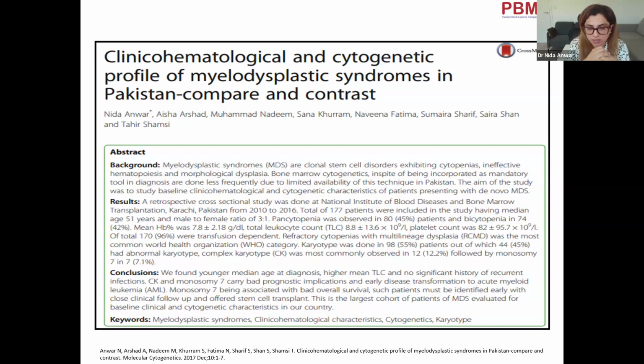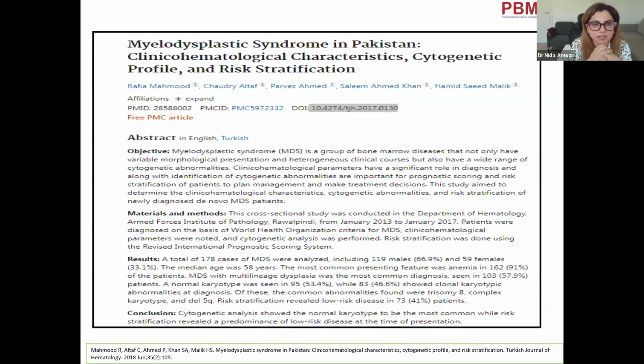Coming to the cytogenetics, complex karyotype and monosomy 7 are frequently encountered. However, as far as molecular data is concerned, we don't have any robust molecular data. Another big cohort study has been done at AFBMTC, and similarly they observed male predominance, which is similar to the West.